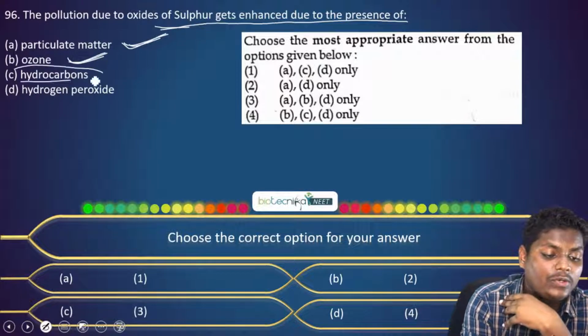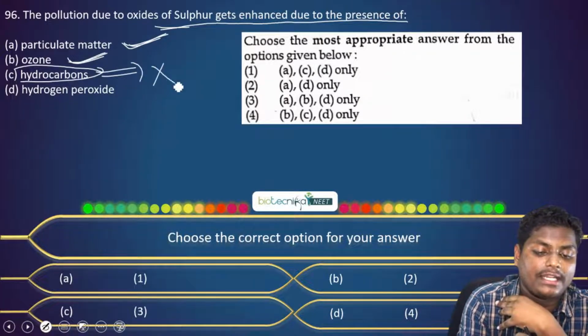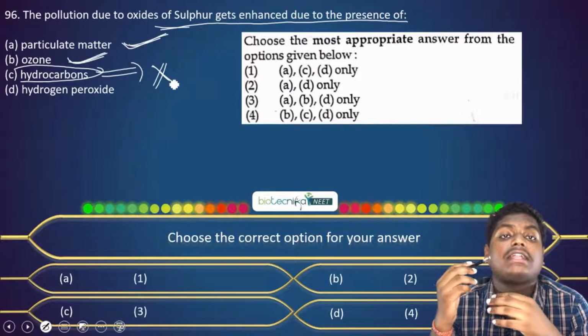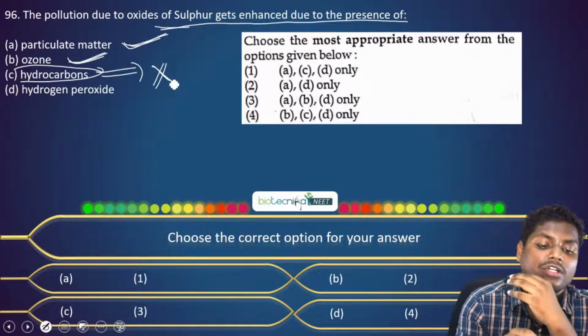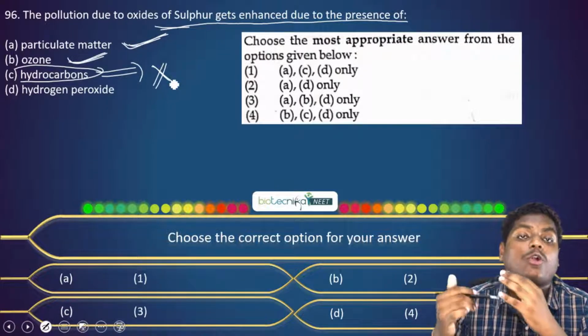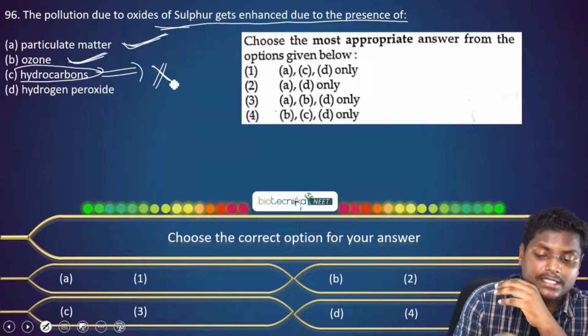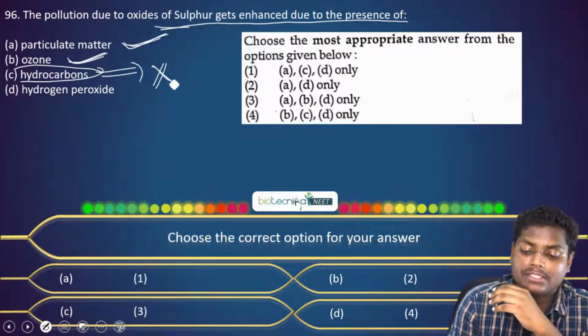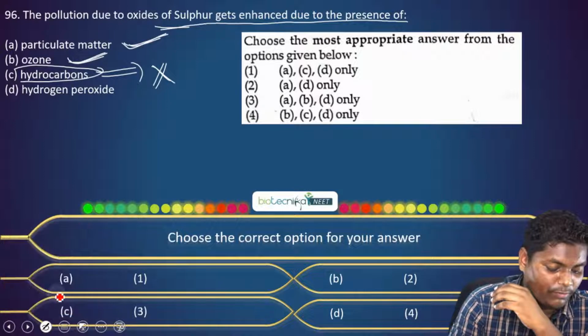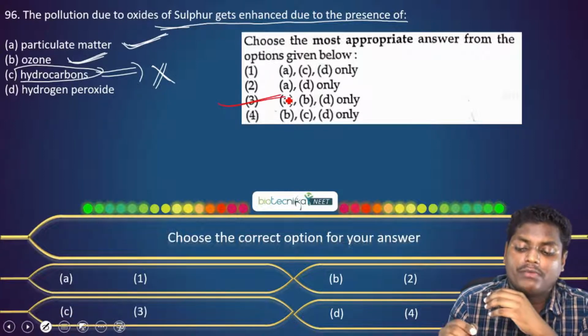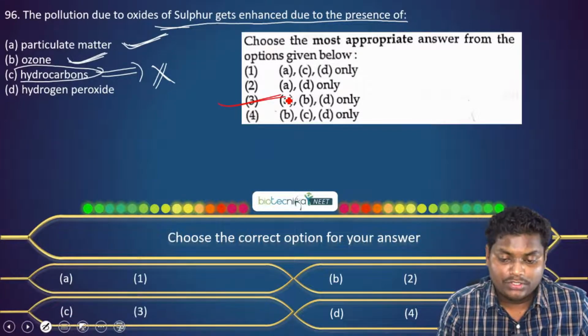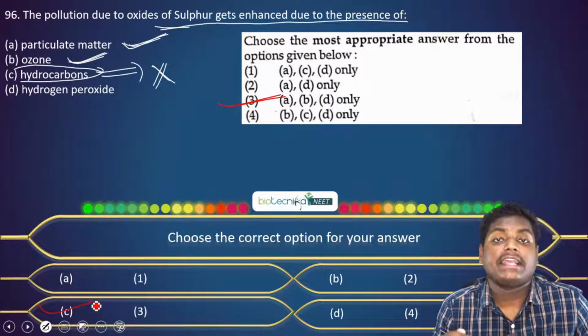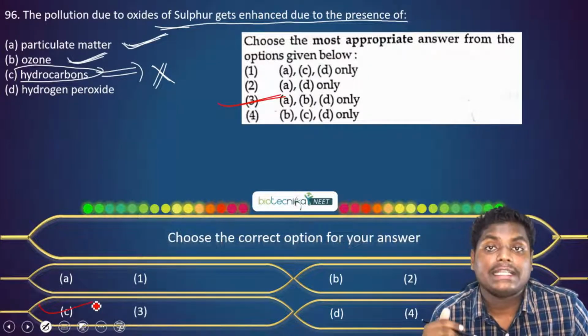But hydrocarbons do not enhance the pollution from oxides of sulfur. So we need A, B and D. The correct option is C, where A, B and D are involved. So let's move to the next question.